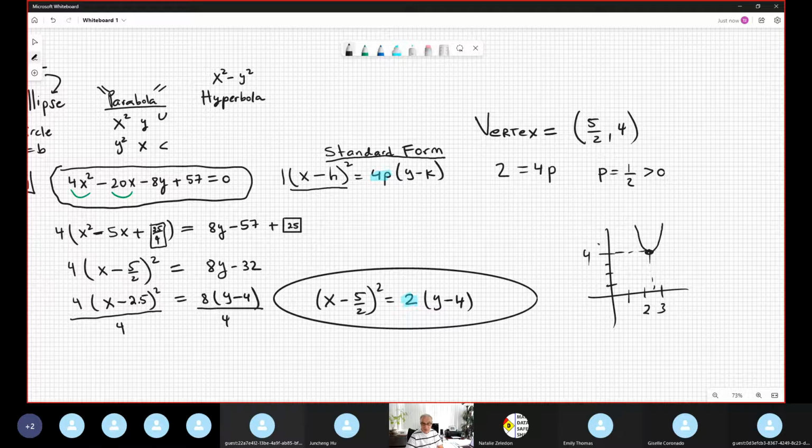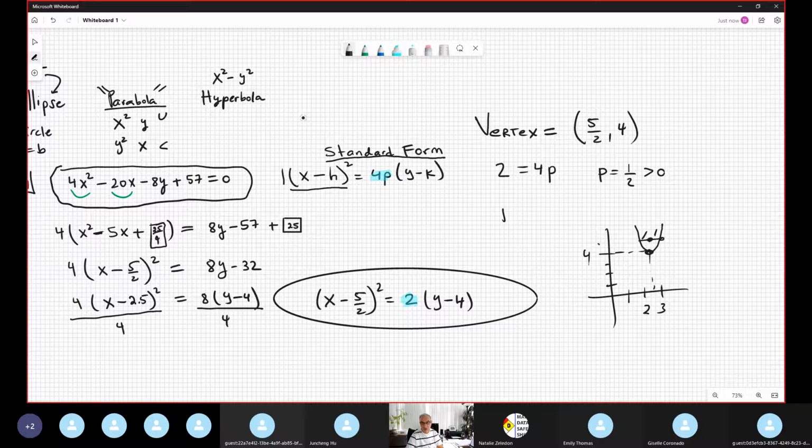A little bit narrow. Remember, the focal diameter passing through the focus depends on p, no? Actually, that distance is 4p, and 4p is 2. Therefore, p is 1/2. So it's 2p in one direction, 2p in the other direction. Actually, 1 in one direction and 1 in the other direction.